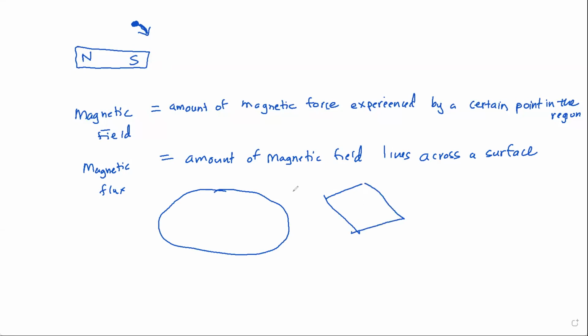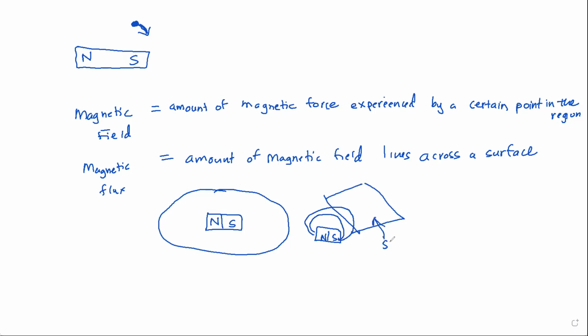So we can keep a magnet inside these surfaces, and then we can count the amount of magnetic field lines that are coming out of the surface. So depending on the surface that we consider, the magnetic flux that is coming out from the surface will vary.